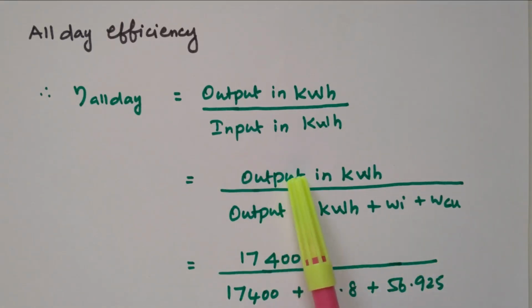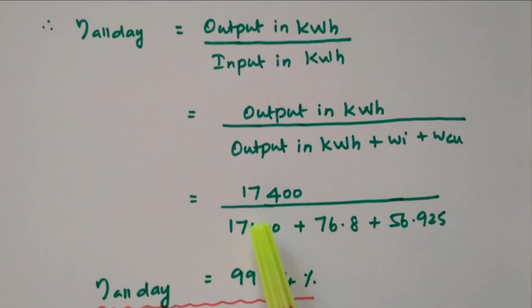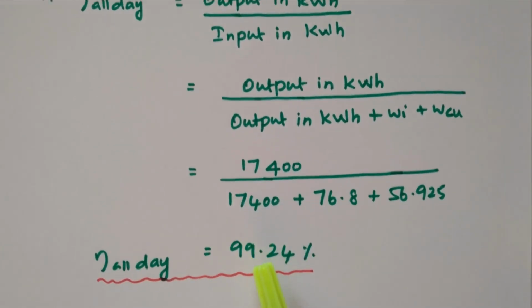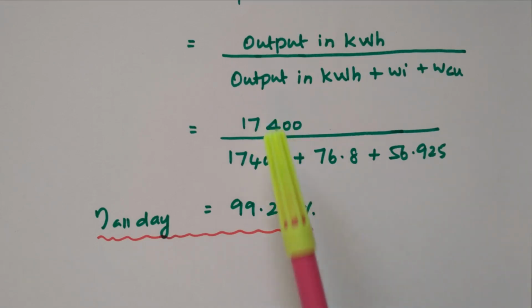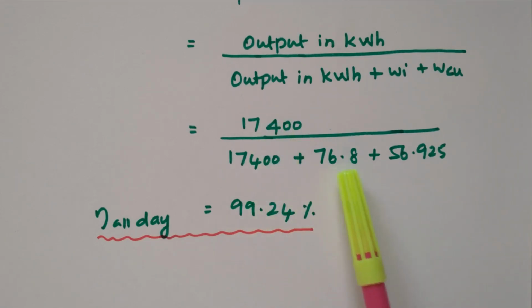So the output is 17,400, which we already calculated, divided by 17,400 plus 76.8, which is the iron loss for 24 hours, plus 56.925, which is the copper loss for 24 hours. So output divided by output plus iron loss plus copper loss is the efficiency.